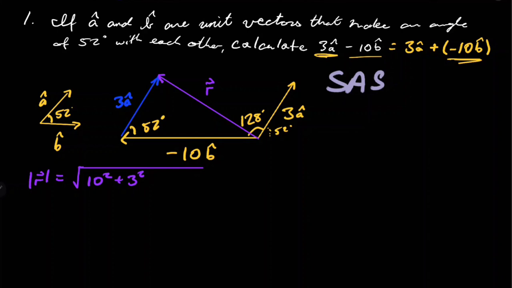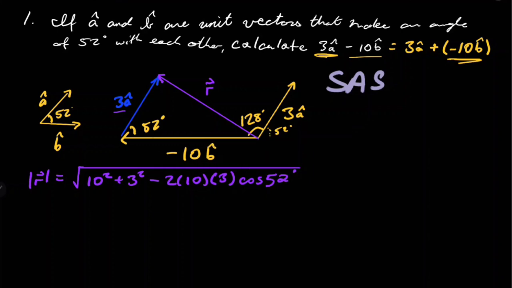And we're going to subtract 2 times the magnitude of this one. Let's not use that. So we have 10, and the other one is 3. And we're going to multiply it by the cosine of 52 degrees. Sorry, my 5s look like 6s. Okay, and we're going to extend that.